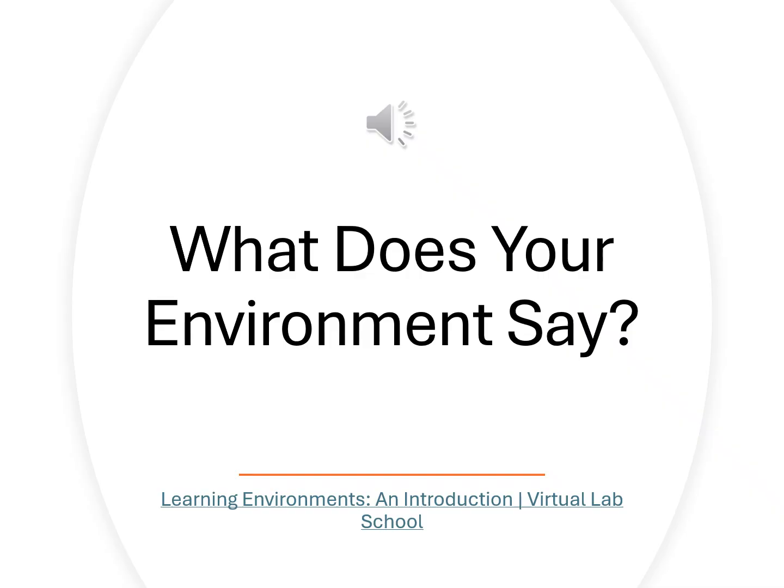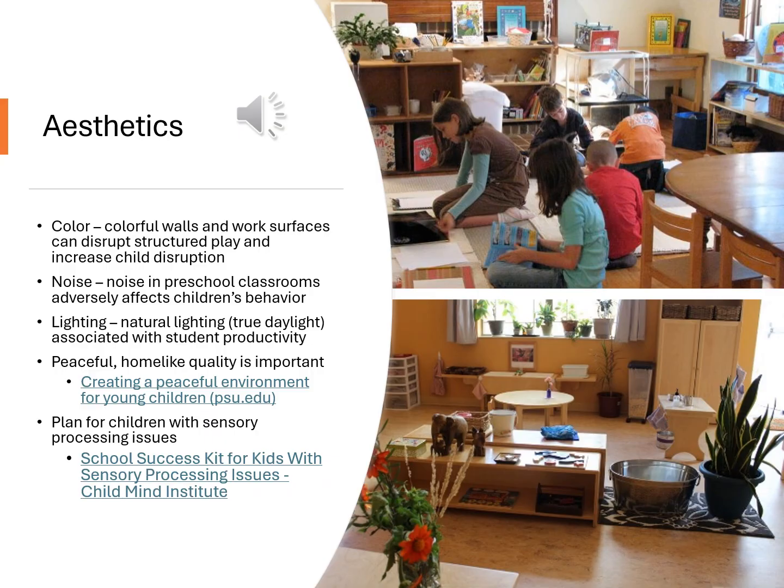Now that you've had time to do the Virtual Lab School lesson, the general one about environments, let's dig into some of the things that we need to be paying attention to, hopefully that you were learning about in the lesson as well. So one is that we want to pay attention to something called aesthetics.